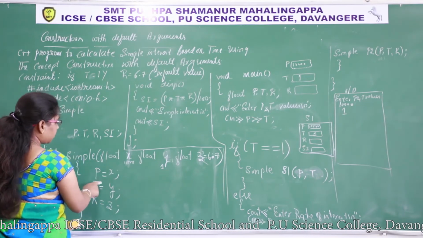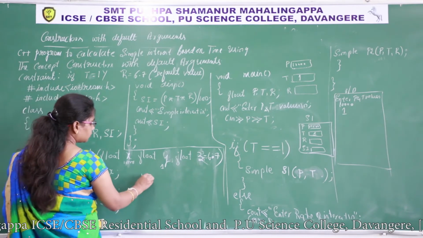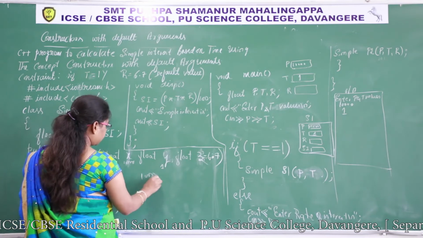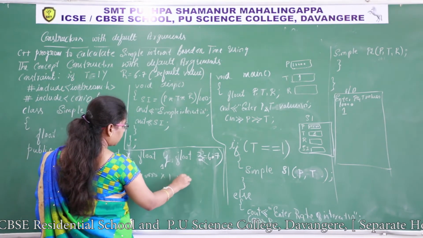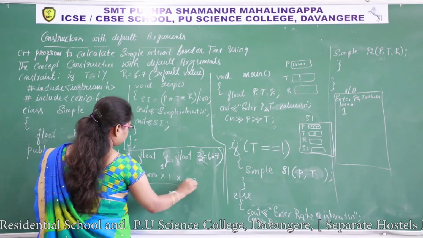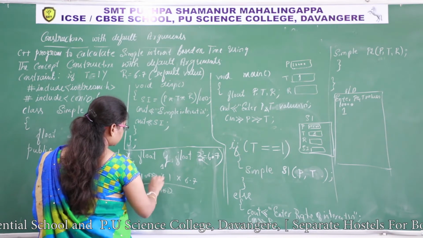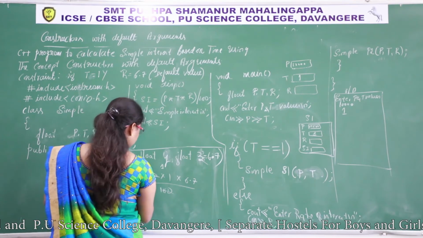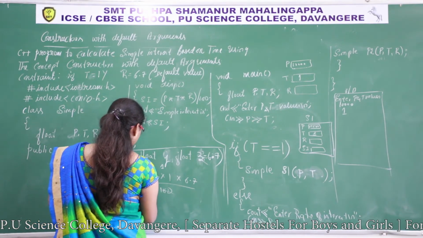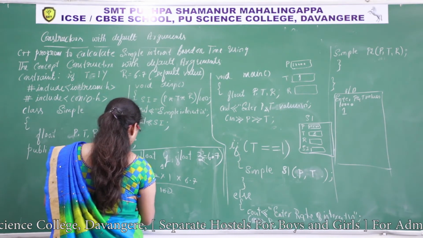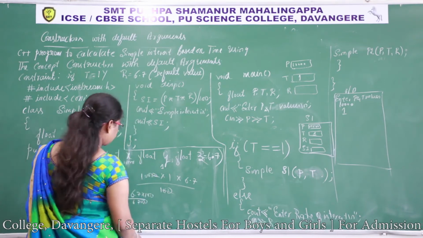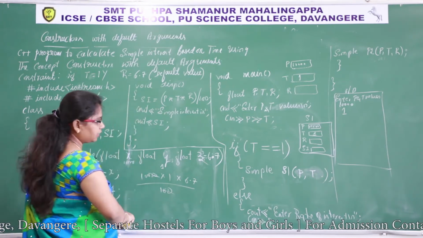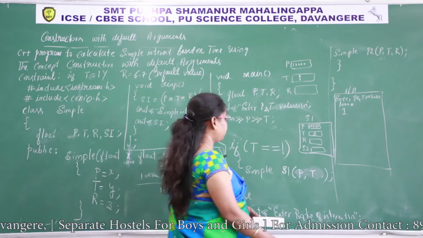Then P value X, that is 10,000, into T 1 into R 6.7 divided by 100. Zeros cancel. So 6.7 into 100, isn't it? 670. 670 is the interest, simple interest.